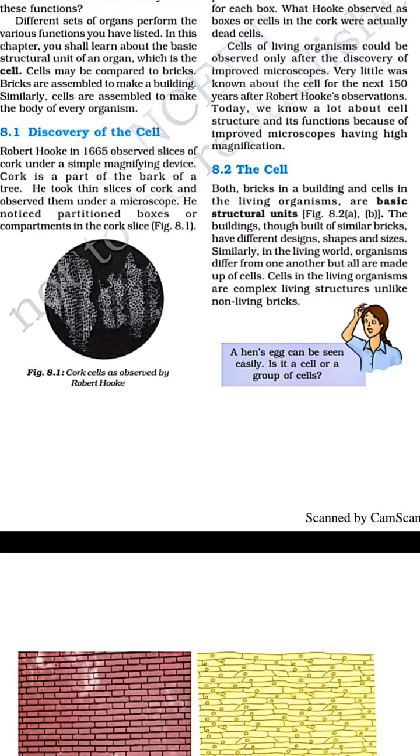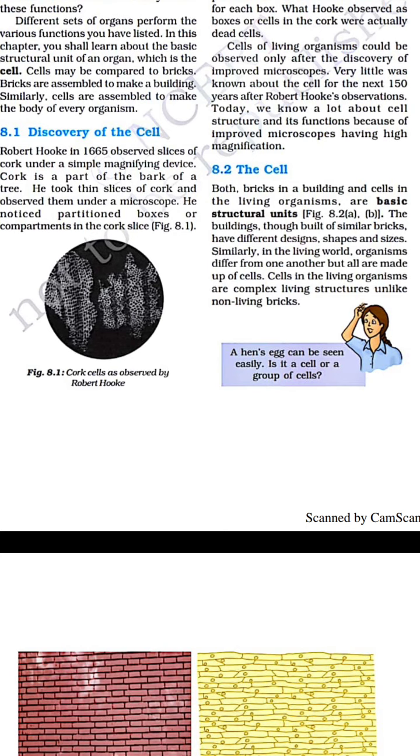So, the cell can be defined as a basic structural unit. We have already said that we compare cells with bricks, as bricks were the basic building blocks for a house. Similarly, cells are the basic structural as well as building blocks for living organisms.